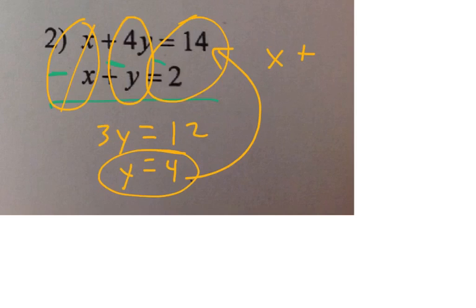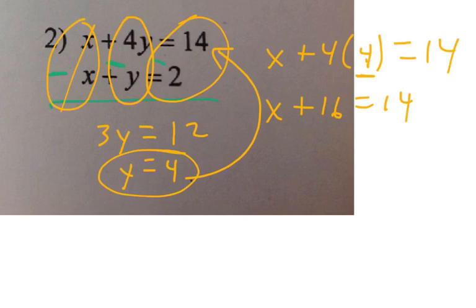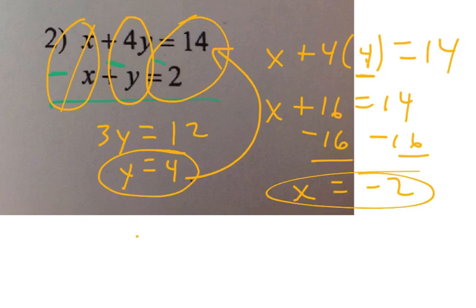So x plus 4y equals 14. You could use the second equation, by the way. So notice again how I plugged in the 4 for the y there. So x plus 16 equals 14. That means once I subtract 16 from both sides, x is negative 2. That means my final solution is negative 2 for x, 4 for y.